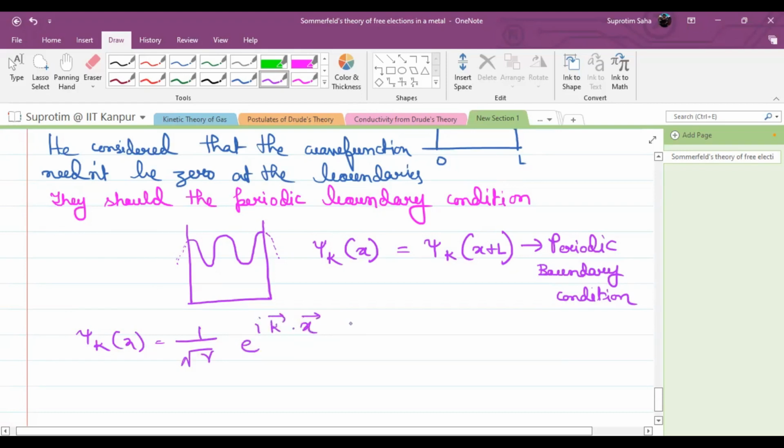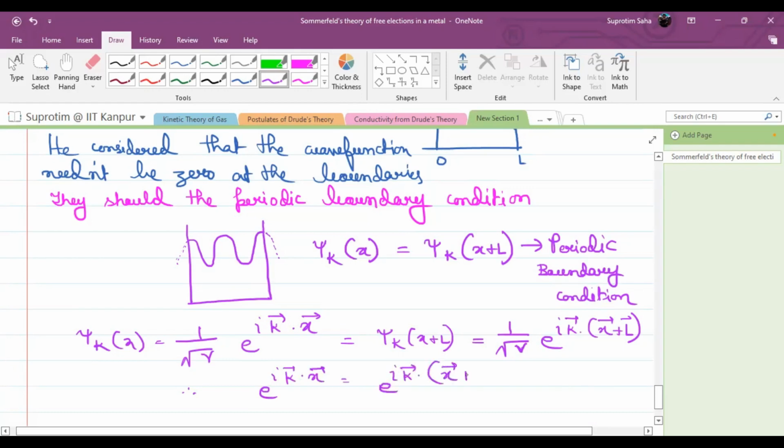Let's for simplicity consider one dimension, which is again equal to psi k of x plus L, which is given by 1 over root V e raised to i k dot x plus L. Therefore e raised to i k dot x is equal to e raised to i k dot x plus L.